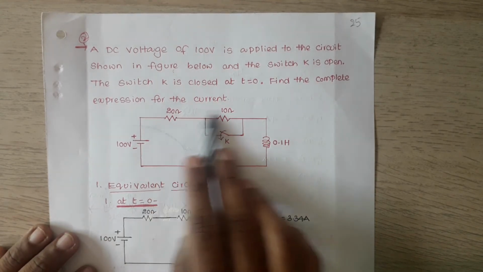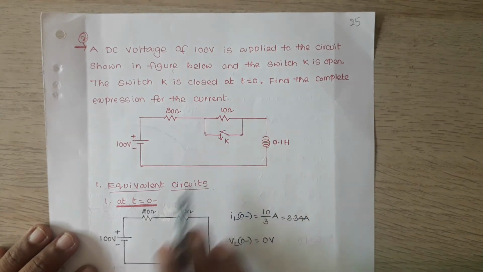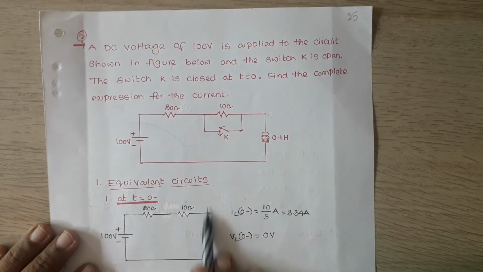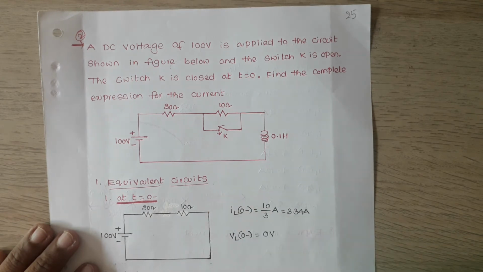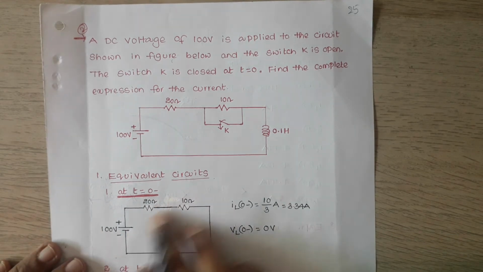When the switch is open, you have to consider this 10 ohms. But the inductor is at steady state at t equal to 0 minus, so it acts as a short circuit. What is the current in the circuit?